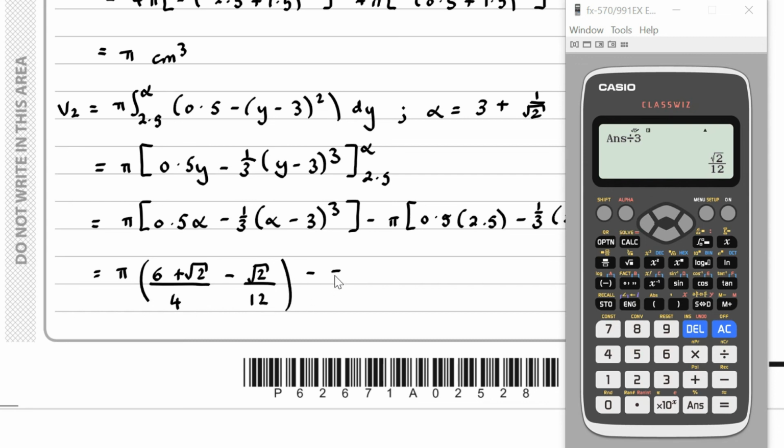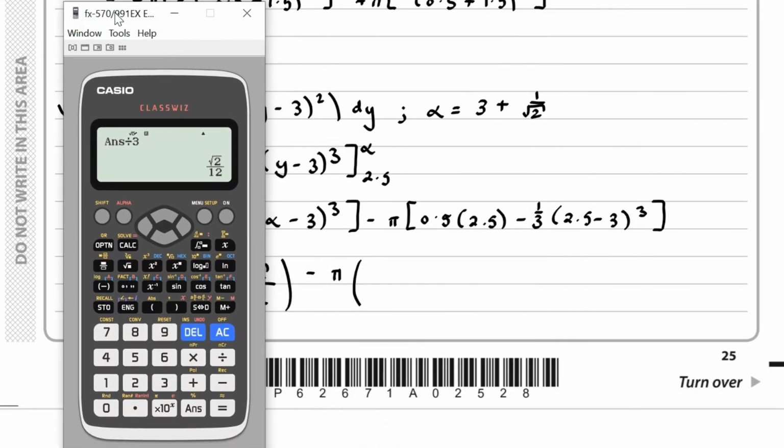And then here for the lower limit, we're going to have here, if we work this out, 0.5 times by 2.5, take away 2.5, take away 3, all cubed, divided by 3, which is 31 over 24.